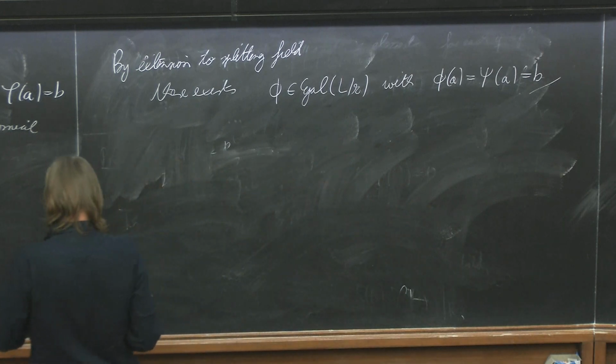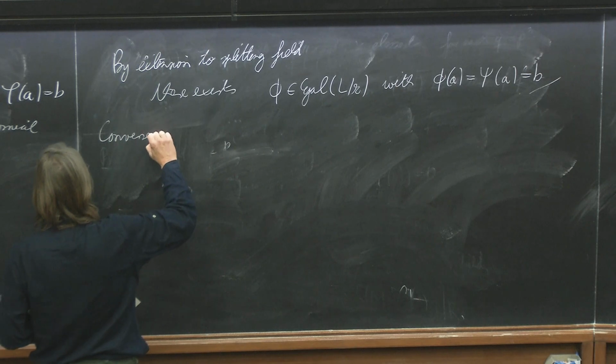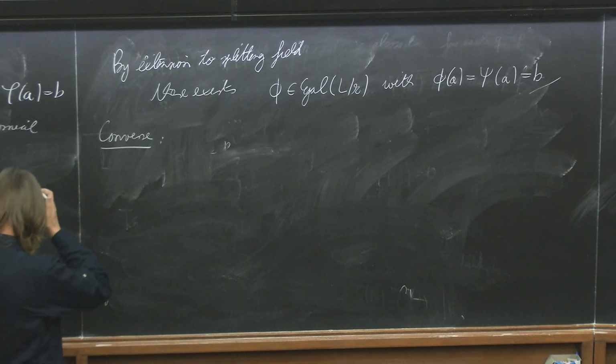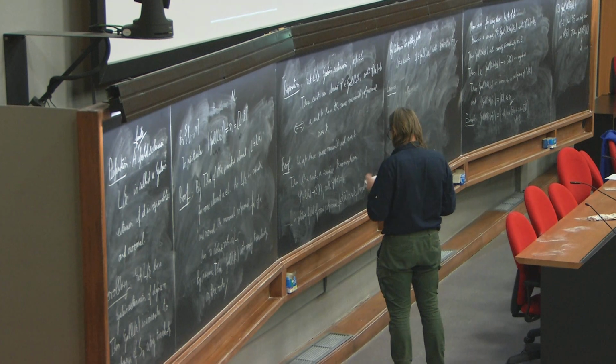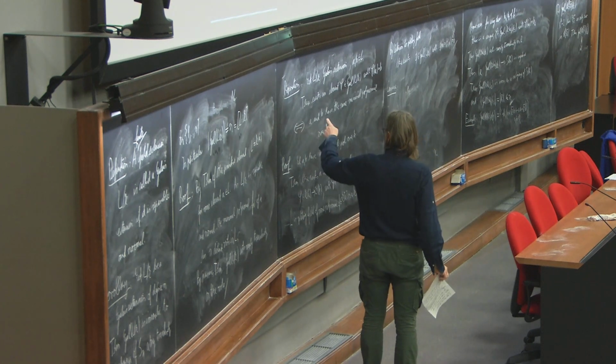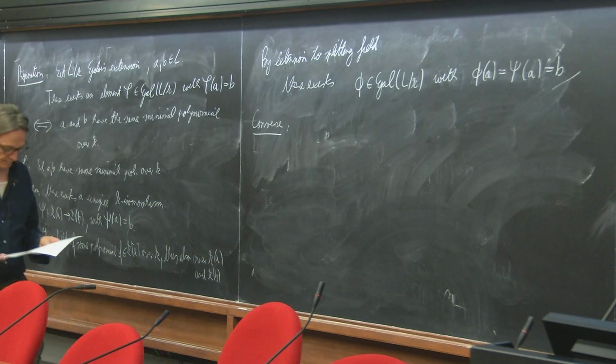And the other direction is the converse. We have to see that if I can send a to b via an element in the Galois group, then they have the same minimal polynomial.